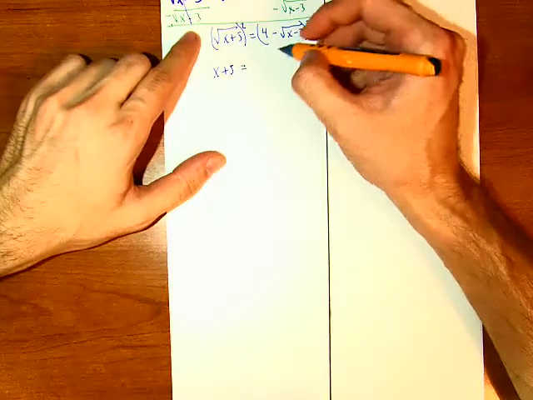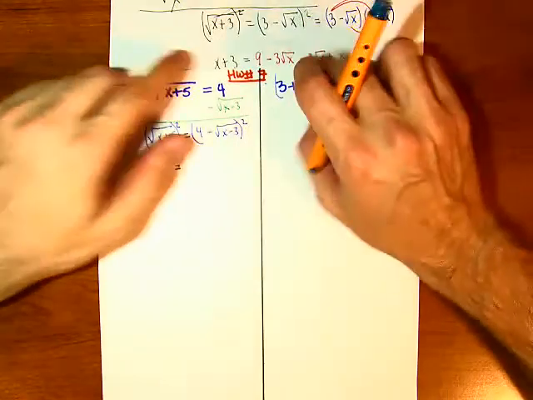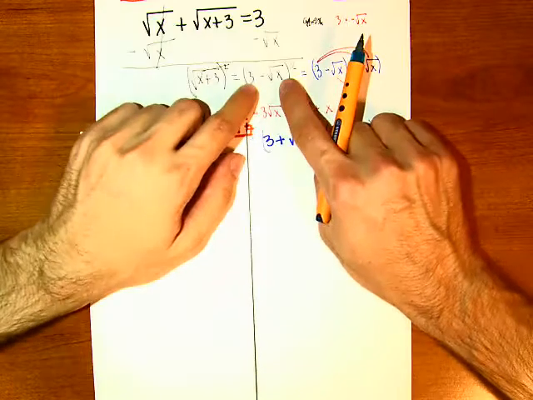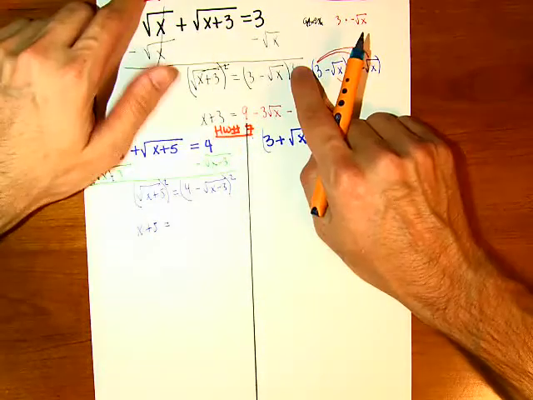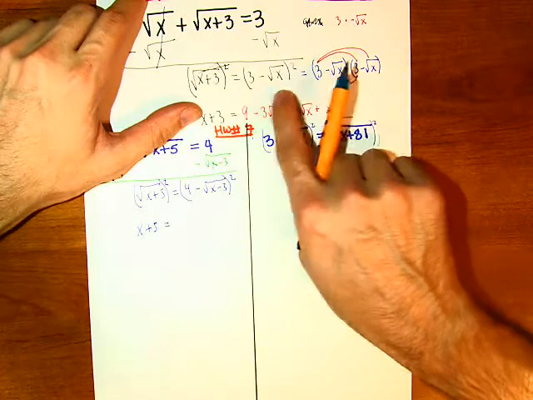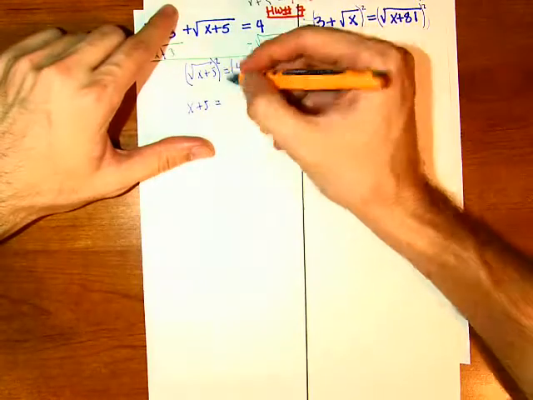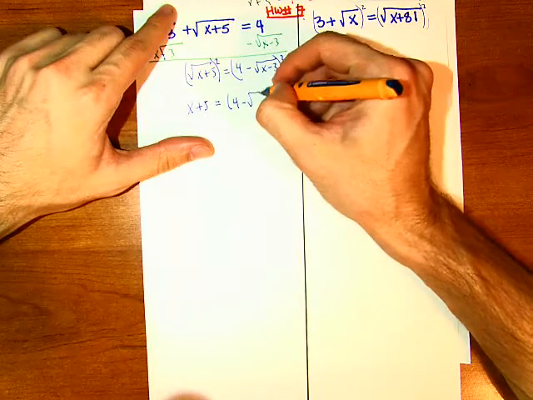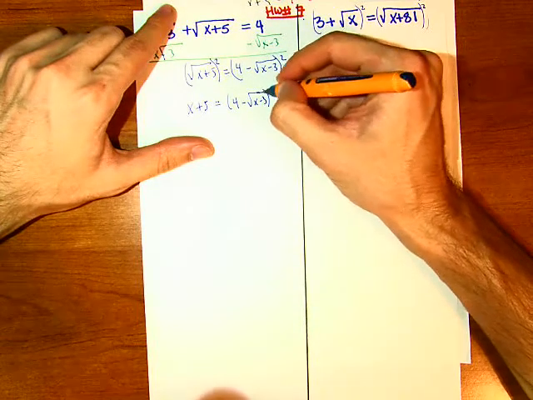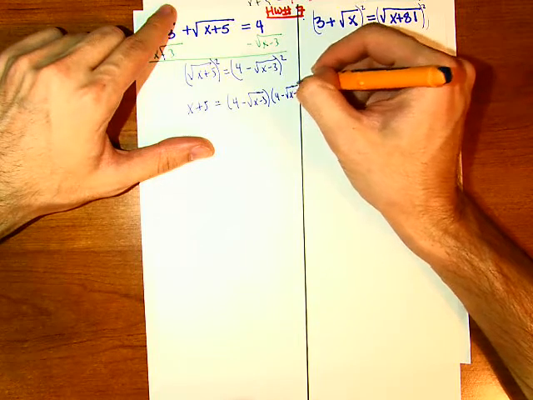And this becomes what? The same thing we did for the previous problem, right? We evaluated 3 minus square root of x squared, and we have to do the same thing here. We have to FOIL it. So that's equal to 4 minus square root of x minus 3 times 4 minus square root of x minus 3, right?